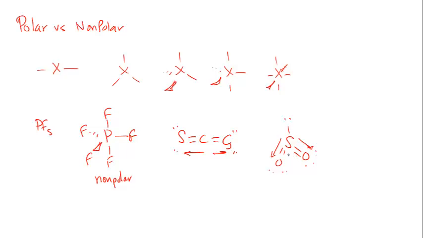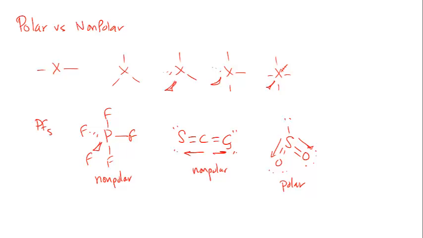Therefore SO2 is not linear, and therefore it is polar, while the CS2 is nonpolar. So when you're looking at polarity, you never draw arrows to the electrons, but the electrons do come into play in terms of drawing the Lewis dot structure, and then you always have to convert it using VSEPR theory to the three-dimensional geometry.